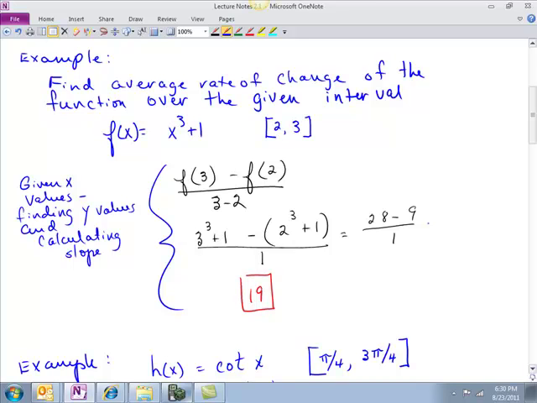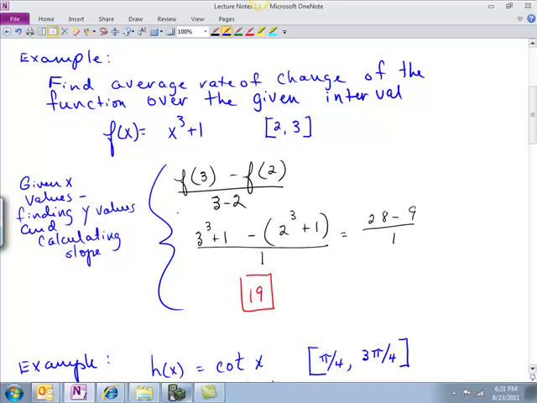And we want to know about the given interval from 2 to 3. So you're given some x values, and what are we doing? We're just plugging in. It's the change in y over the change in x. That's the average rate of change. That isn't the slope. That's the average rate of change.